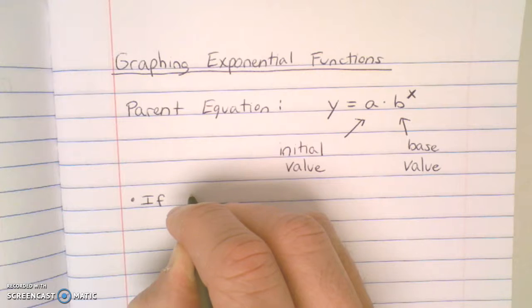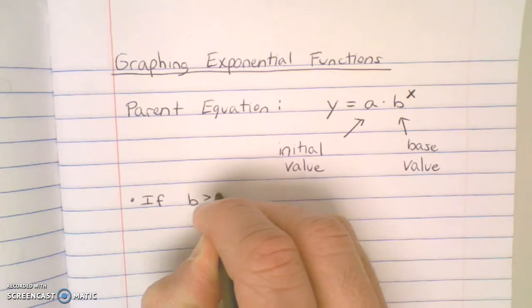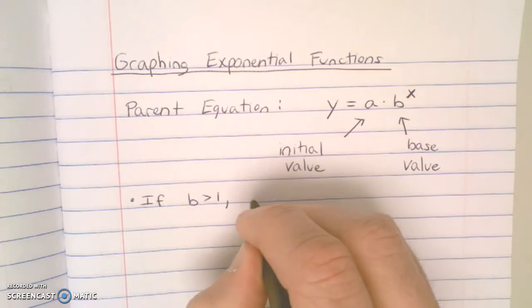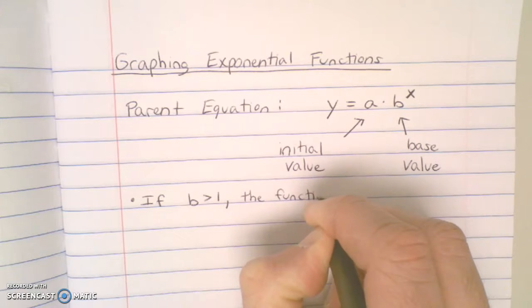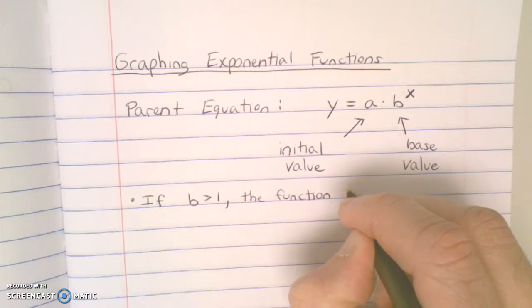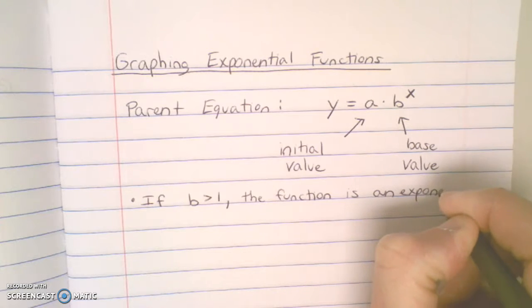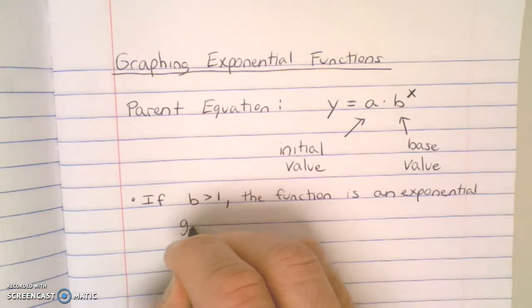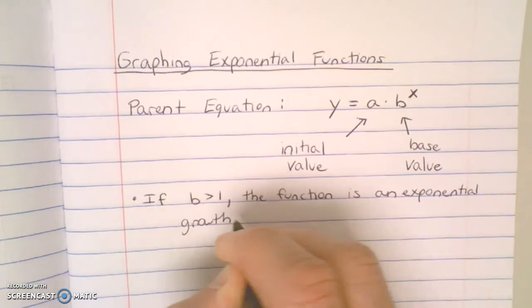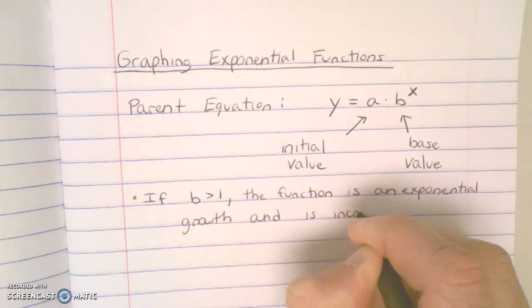And then just some notation, and it'll start to make sense as we start graphing. If the b value is bigger than 1, the function is an exponential growth and is increasing, so it just continues to increase.